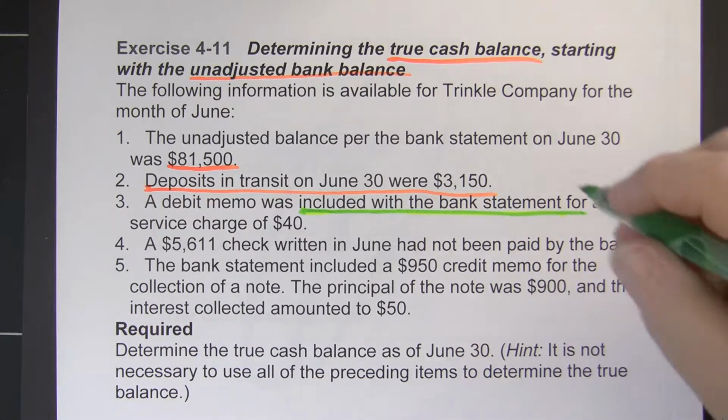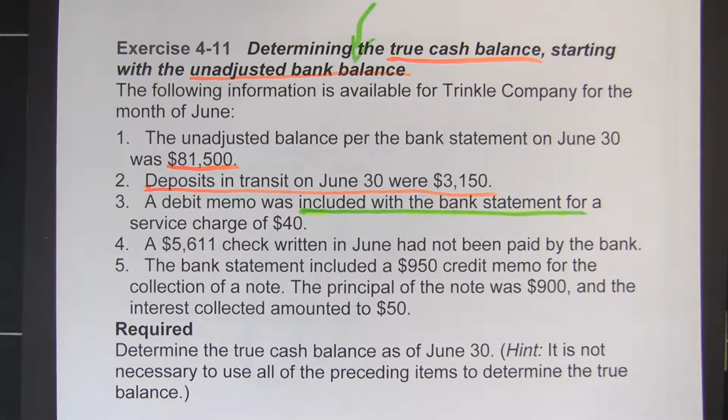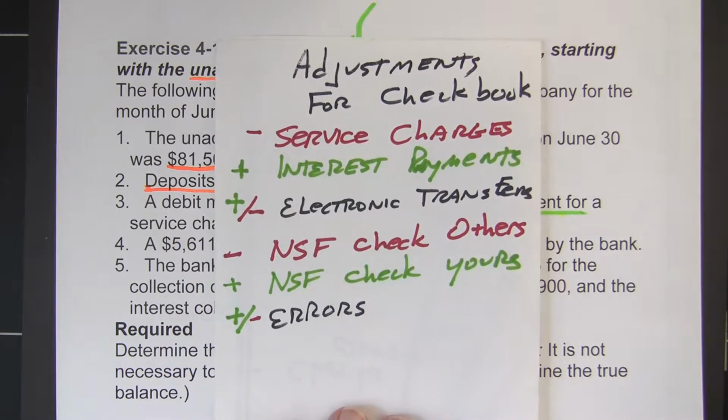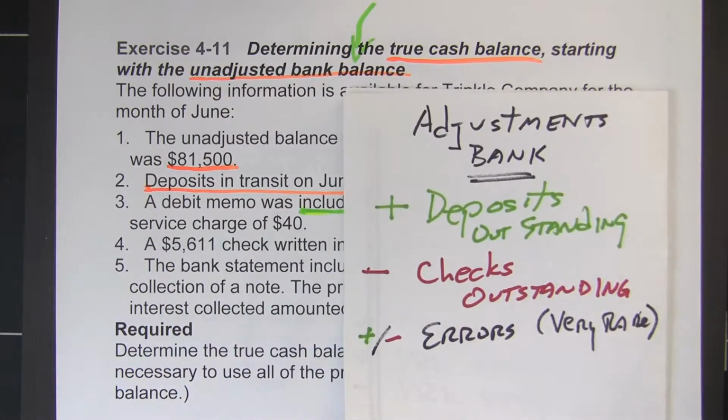That means it's already in here, because we're starting with the unadjusted bank balance, and that's already in there. So we don't have to do anything with that. If you look at our chart, we would have to do that on the company side, on the company checkbook. But right now we're just doing the bank side.